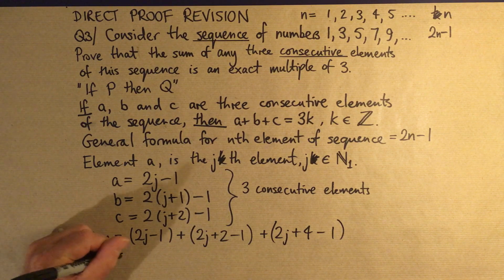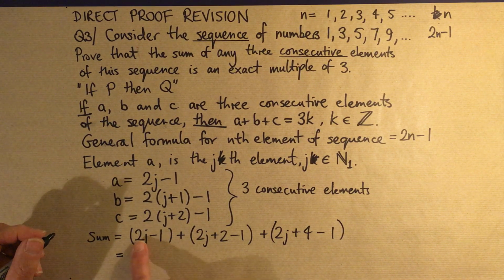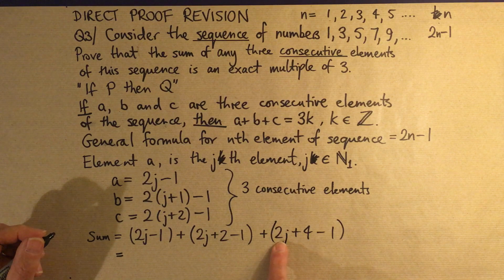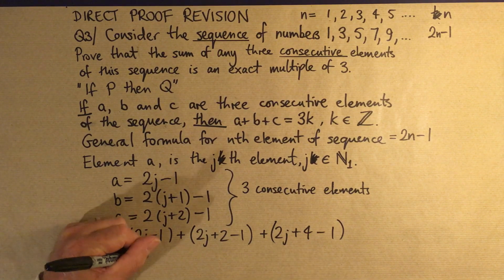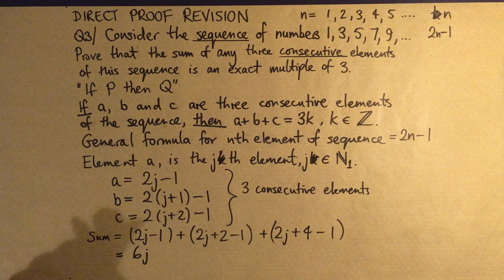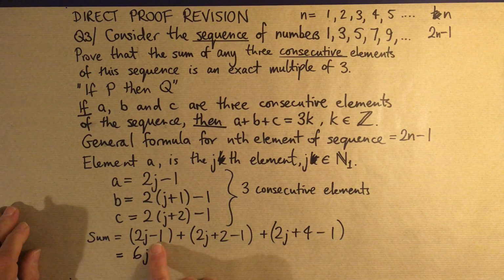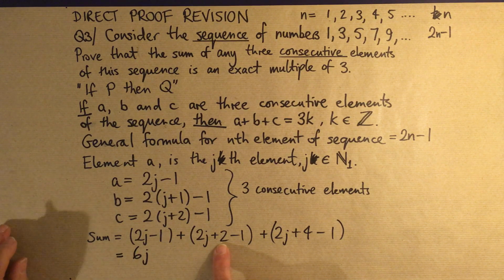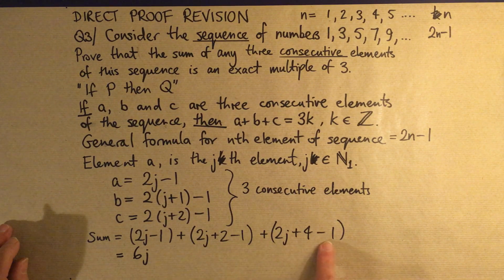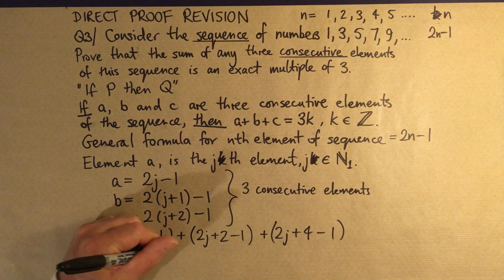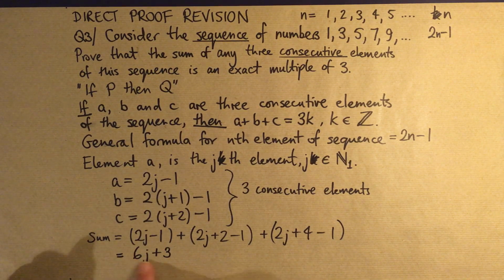And then if I add all this up, all the j's, we've got 2j, 2j and 2j. So that's 6j in total. Then we've got minus 1. And then here we've got a plus 2. So that's plus 1 overall and a minus 1 there. So that's 0 so far. Plus 4, so that's 4, and then minus 1. So overall, all of these add up to plus 3. So the sum is equal to 6j plus 3.